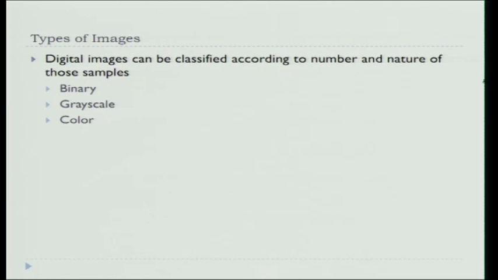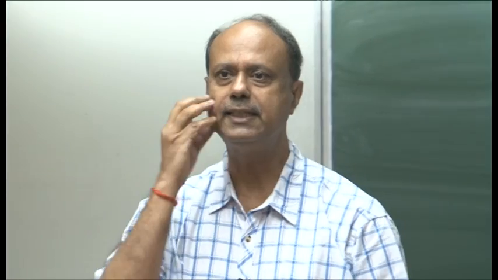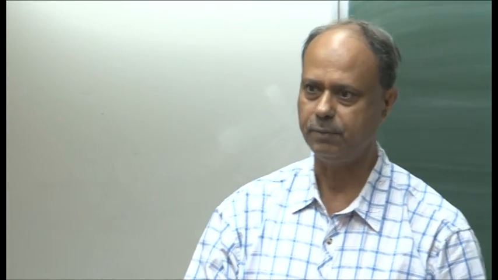Now, types of images: there are generally 3 types. One is the binary image, another is the grayscale image, and finally the color image. Most of us are habituated with color images. But why color image? Color gives you a better soothing effect, and you can visualize the texture or color complexion in a better way.